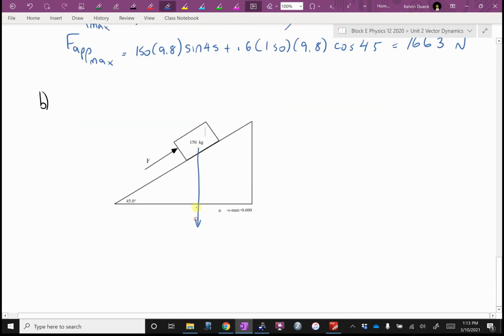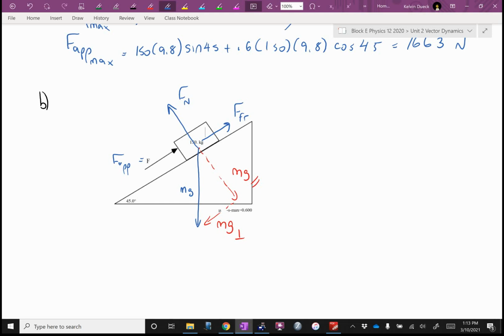Gravity down, components, normal force, F applied. But now friction is pointing up the ramp, because if I stop pushing, the mass will slide down the ramp. So friction is helping keep the mass on the ramp, preventing it from sliding down the ramp.